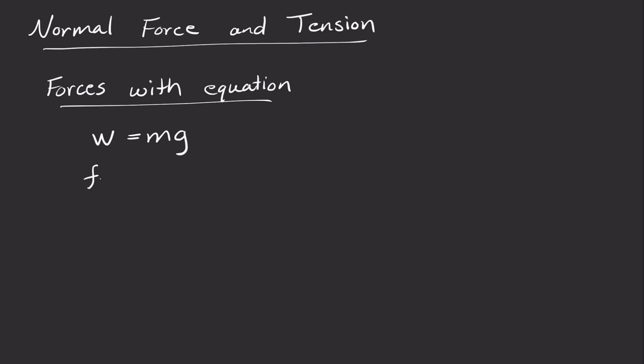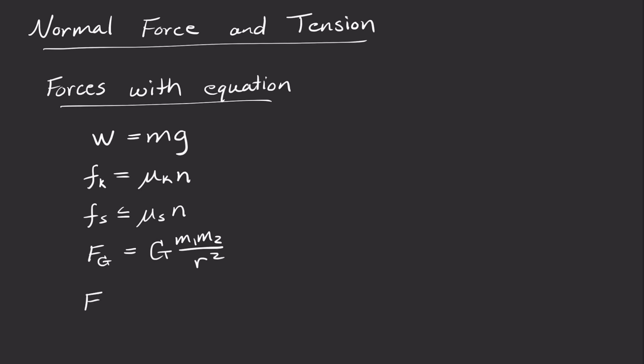Then we have the force of friction, and this is given by an equation, coefficient of friction, mu k, times the normal force. We have static friction, which is less than or equal to the coefficient of static friction times the normal force. We have the force of gravity, just in general, which is big G, some constant, universal gravitational constant, times the product of two masses over the distance between them squared.